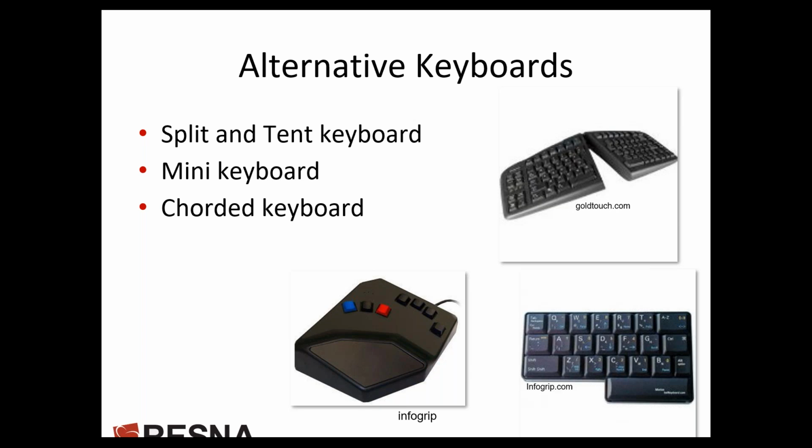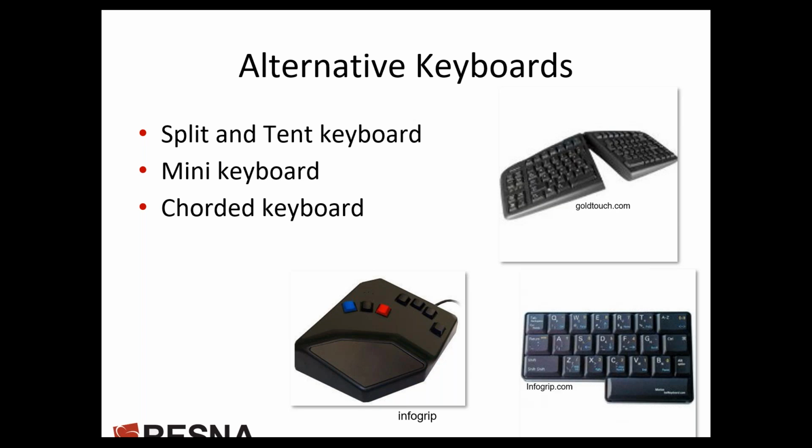Bottom left, we have a chorded keyboard. It's called a BAT keyboard. That specific one's the BAT keyboard. It's for one-handed typists, and it requires you to do key combinations in order to type. Think about when you play a piano, you do key combinations to play chords. So that's why it's called a chorded keyboard, where you do key combinations with the fingers and the thumb to do all of your typing.